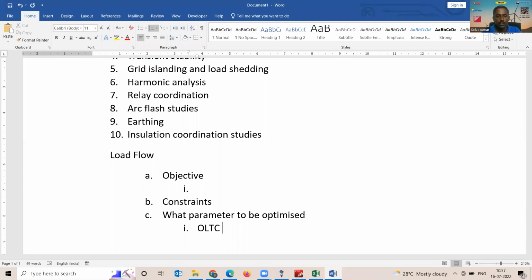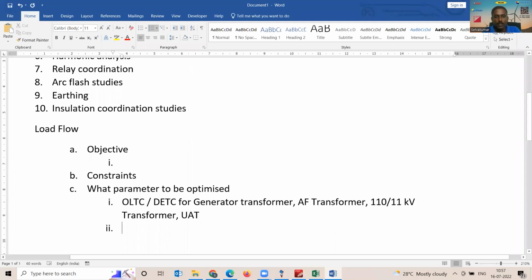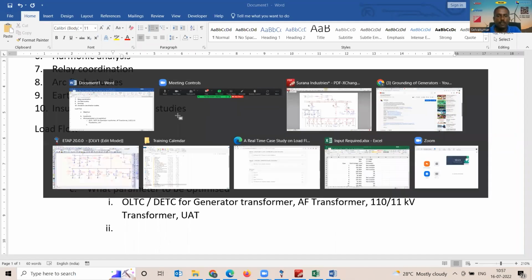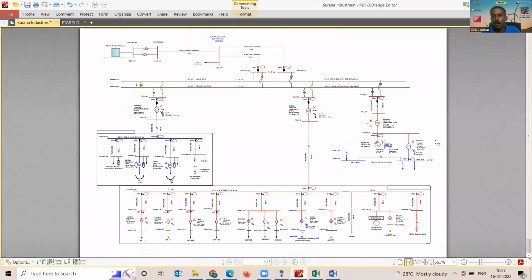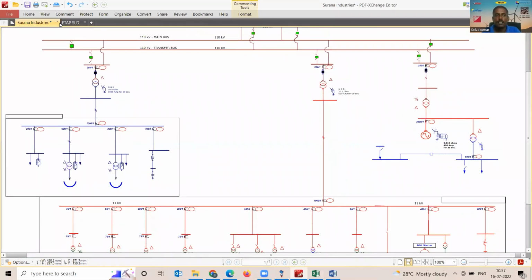OLTC or DETC for the generator transformer, arc furnace transformer, meaning, say, the 110 kV/11 kV power transformer, and the unit auxiliary transformer. We need to decide whether OLTC is needed for these transformers, or a de-energized tap changer is sufficient.